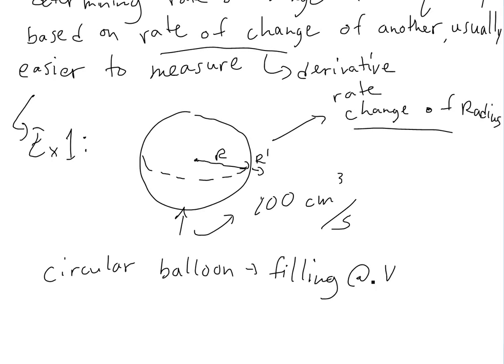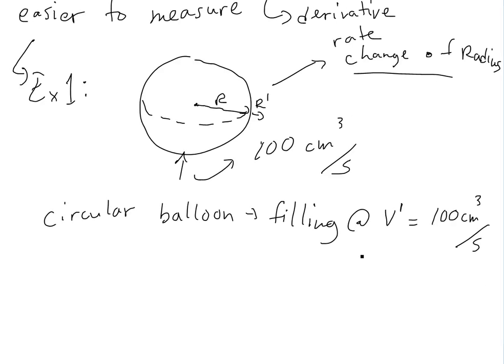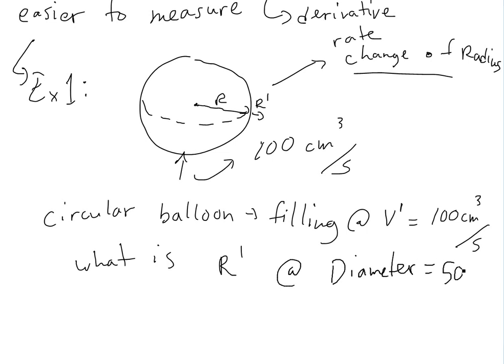So let's say the rate of change of the volume, V prime, is equal to 100 centimeters cubed per second, and you're filling it at this rate. What is the rate of change of the radius? What is r prime, at diameter equals 50 centimeters?